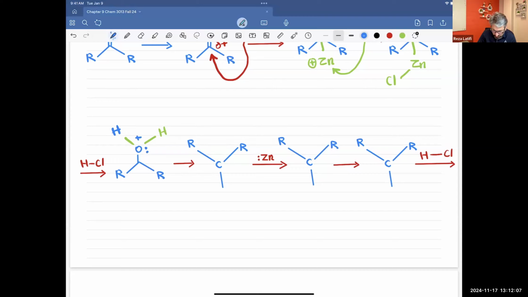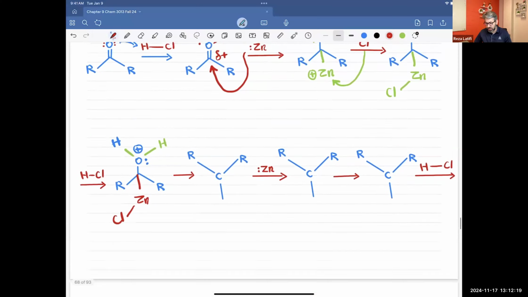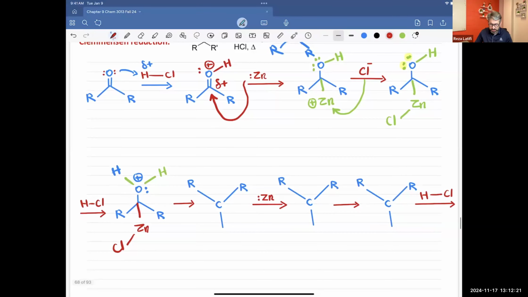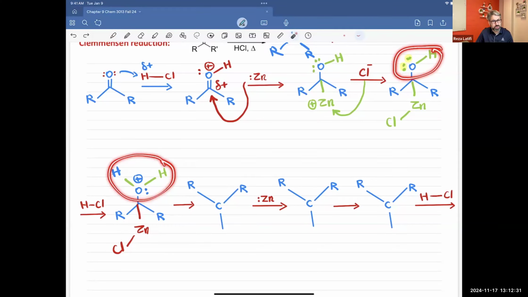This one will have a positive charge. And remember, here we do have zinc that's attached to chloride. Now this OH group turned to H2O.